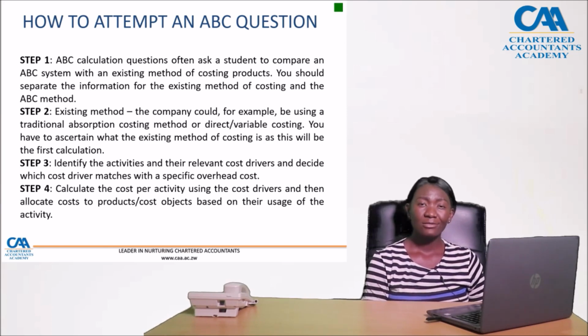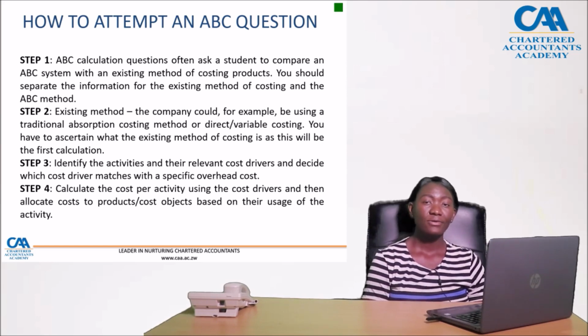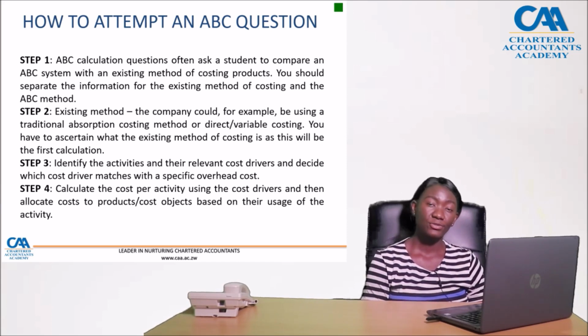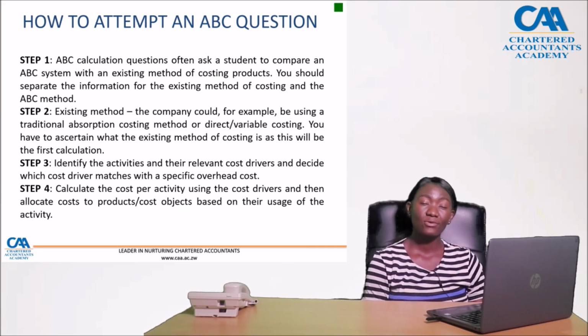Or maybe the decision to discontinue or close a division might be changed if we implement an ABC approach. So this is how you can attempt an ABC question. You can be asked to compare an existing system with ABC. You can be asked to evaluate or to consider the impact or the effect if we introduce an activity-based system.